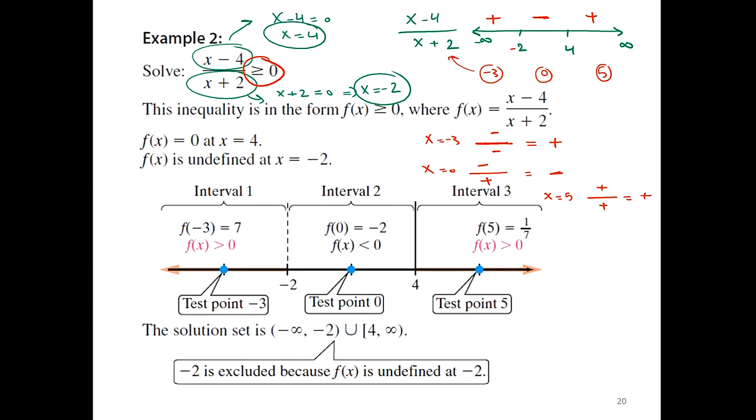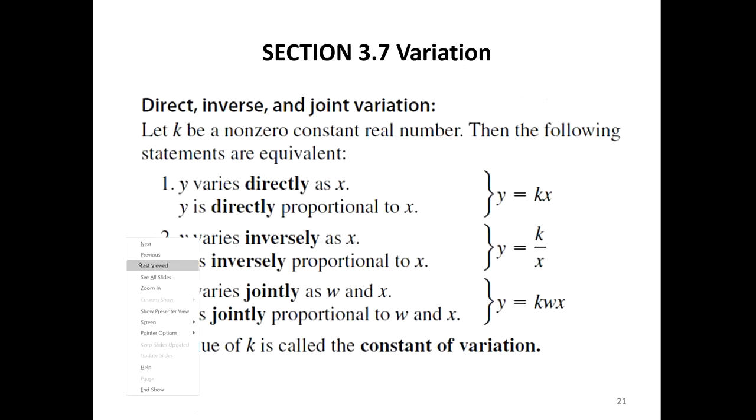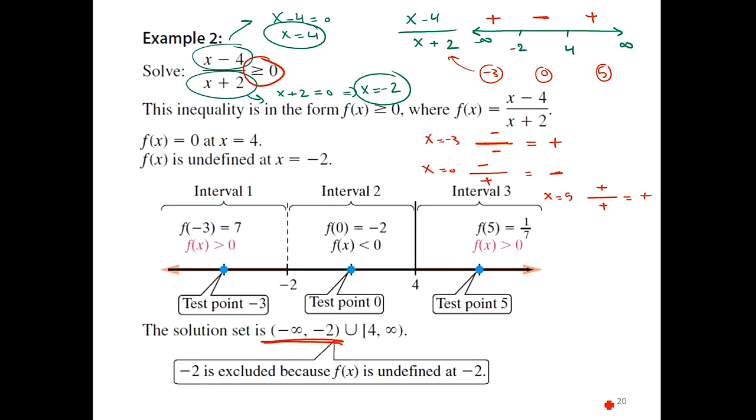So we have two regions: from negative infinity to negative 2, or from 4 to positive infinity. Put a union between them: from negative infinity to negative 2 union from 4 to infinity. This is the solution set.